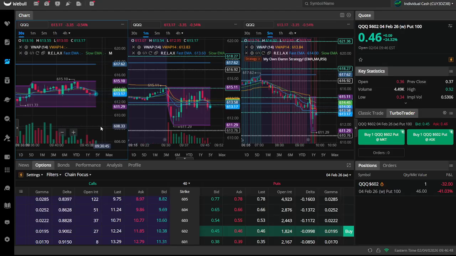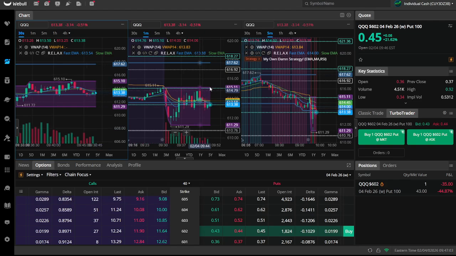I guess I should make a note that on days like Wednesdays, I should probably wait for the full opening range to establish itself before considering a trade. This purple region here is the opening range. Again, 611.29 up to 615.11.